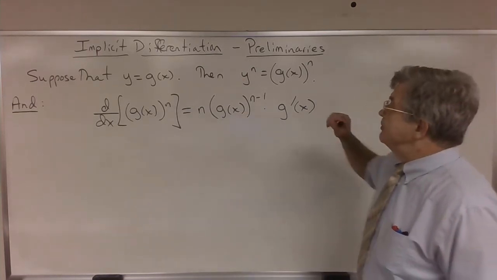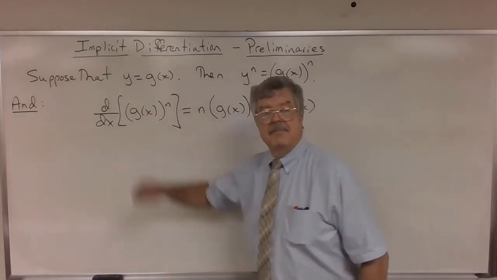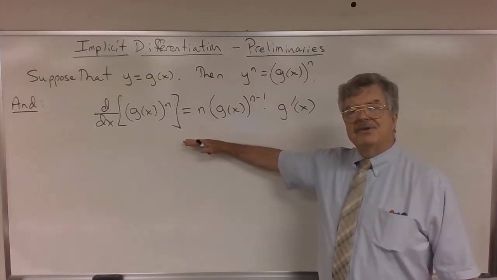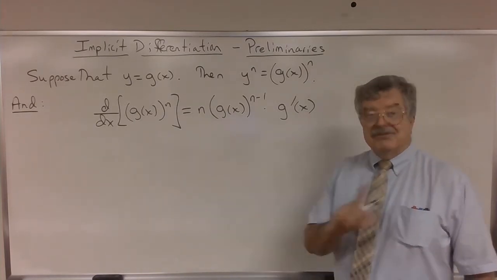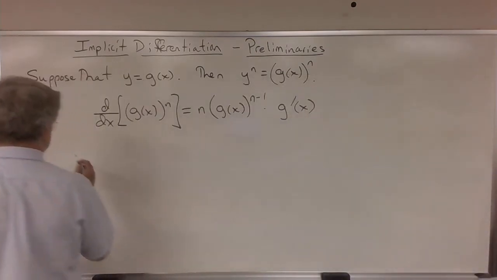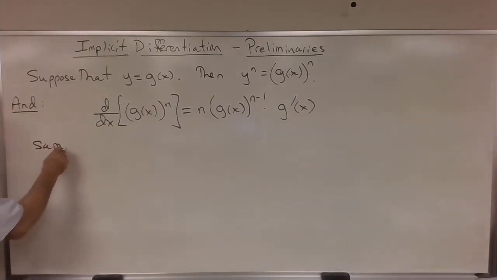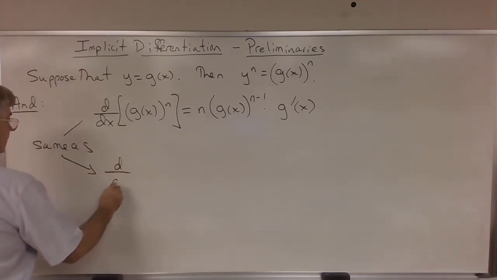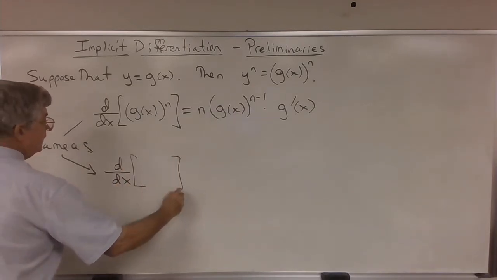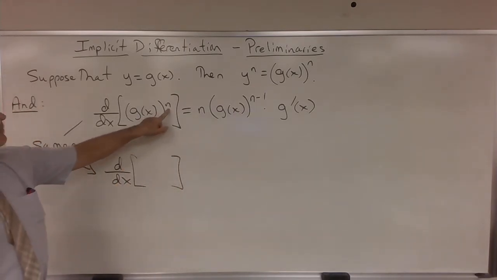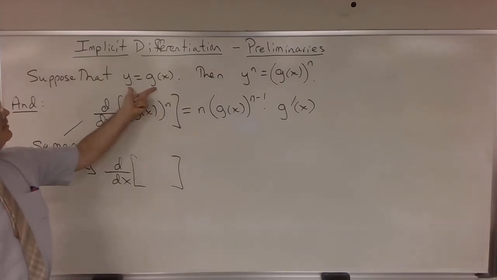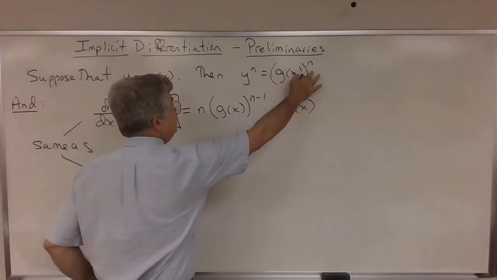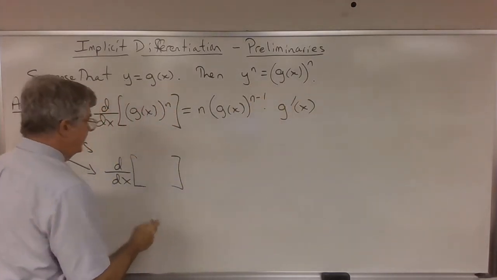But since g of x and y are the same thing, then we should be able to rewrite this equation in terms of y. So let's do that. g of x raised to the n power, since y and g of x are the same thing, is the same as y raised to the n power.